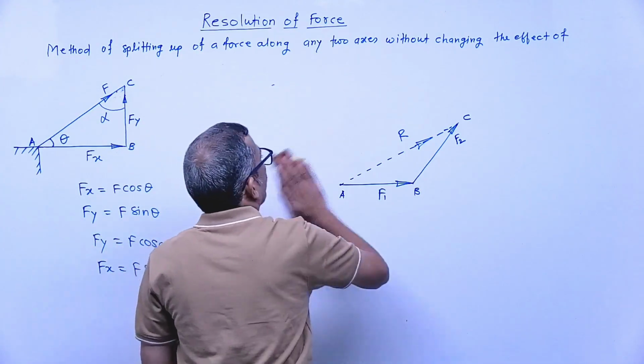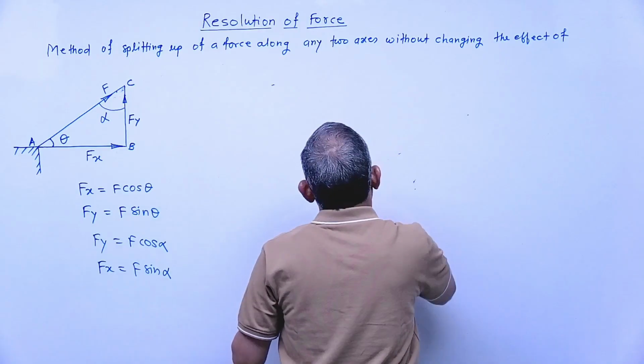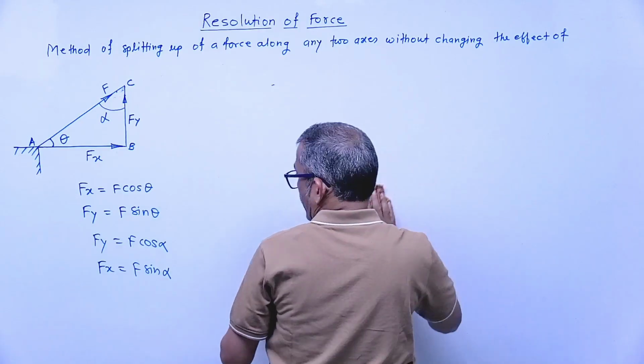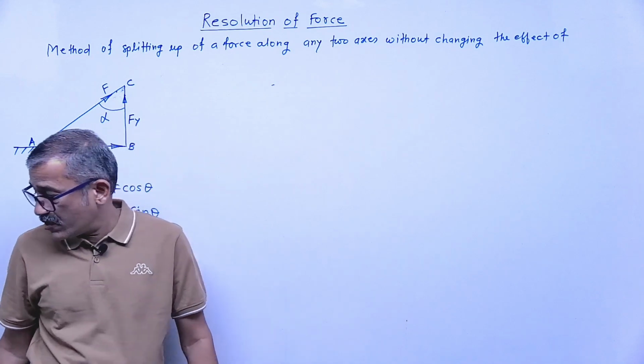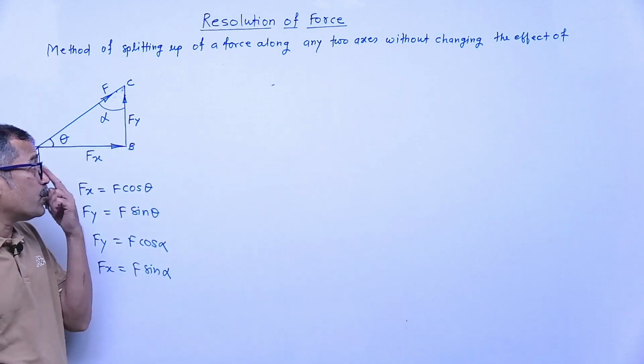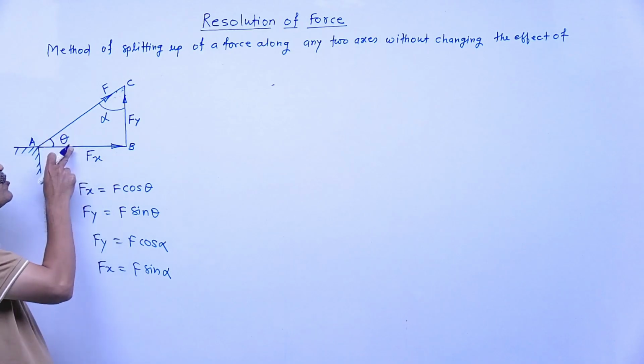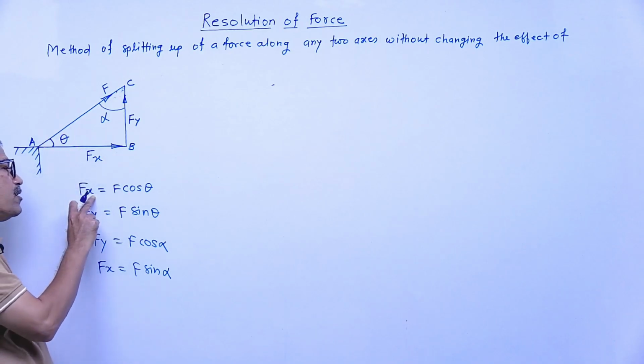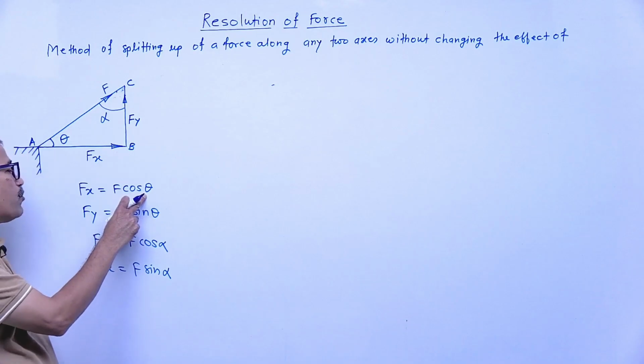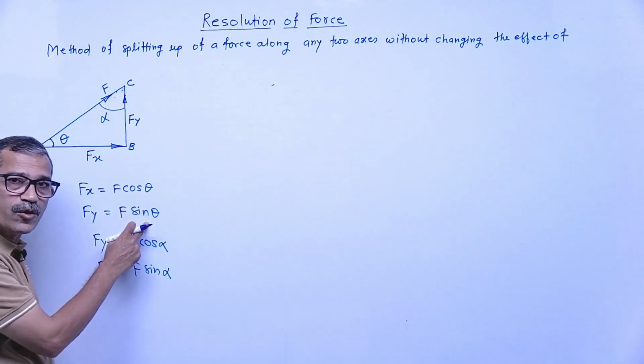From this, what is important is this. Whenever the inclination of force is given with the horizontal, listen carefully, the horizontal component is called the cos component, and the vertical becomes the sin component. When the inclination of force is given with the vertical, then the vertical component is the cos component and the horizontal becomes the sin component.